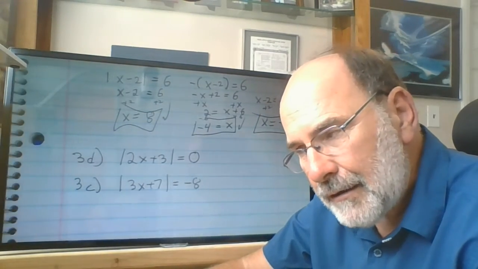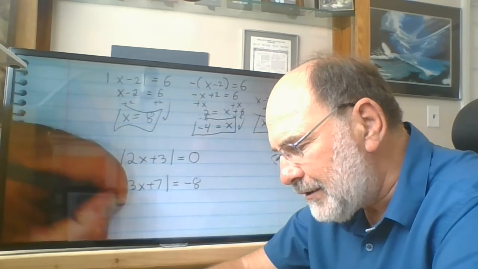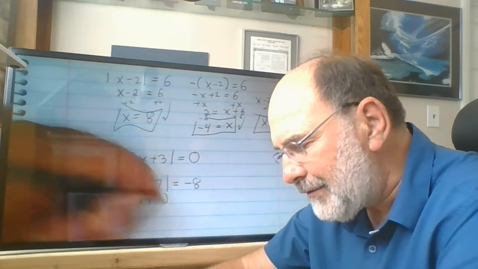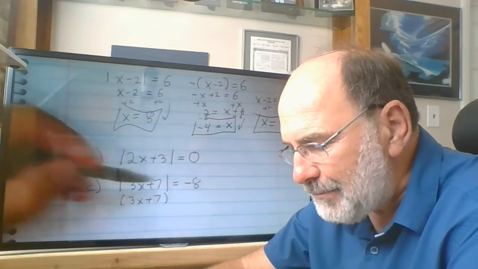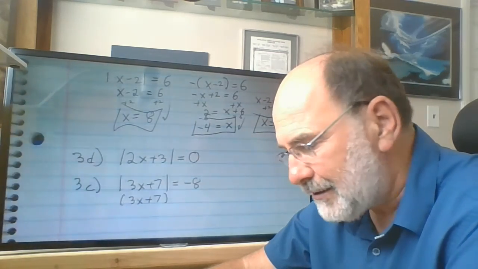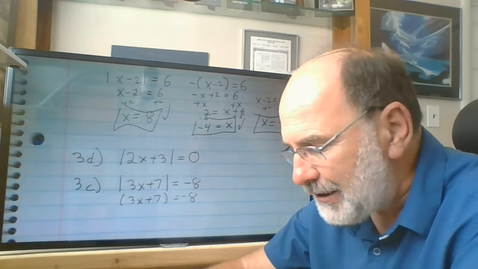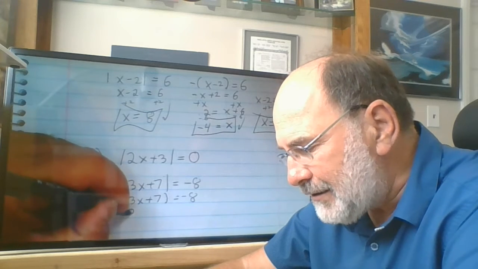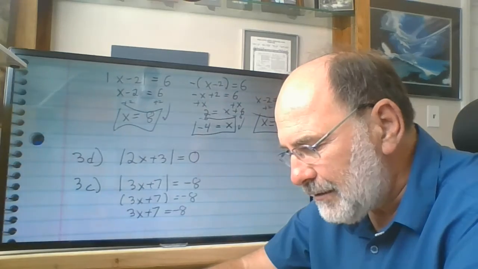Okay, I would look for two solutions. The first solution is if everything inside the absolute value sign is actually positive. And so I can replace the absolute values with parentheses and now solve it by the usual rules of algebra. Well, okay, these parentheses aren't doing anything for me. It just says 3x plus 7 equals -8.